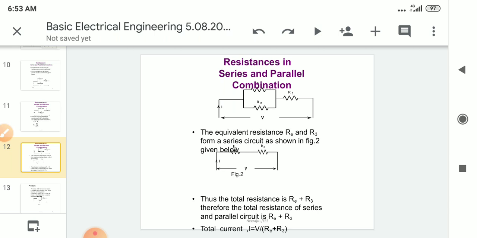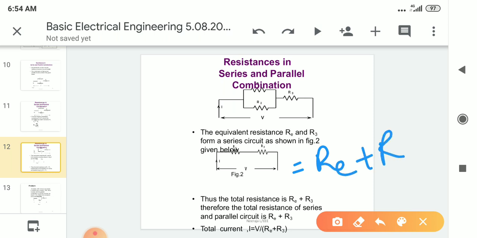Now this RE and R3 are in series. So what is our final answer here? Our final answer is RE plus R3, which gives our total resistance, R total.